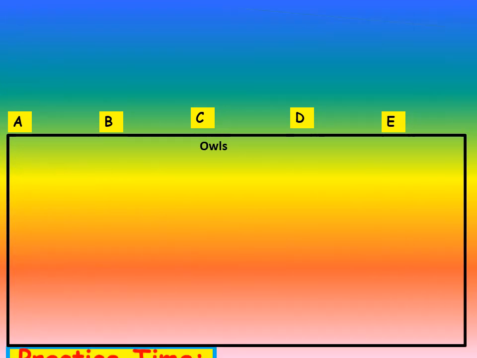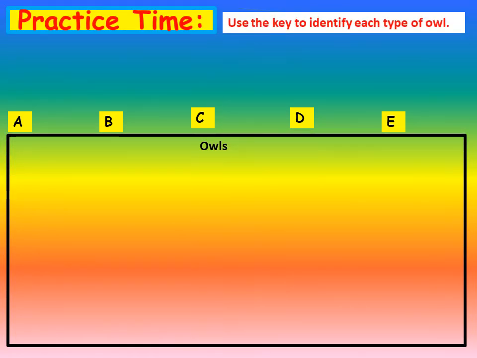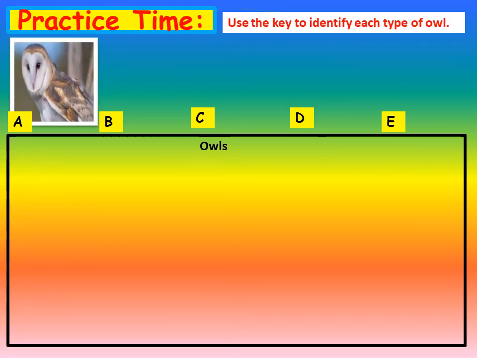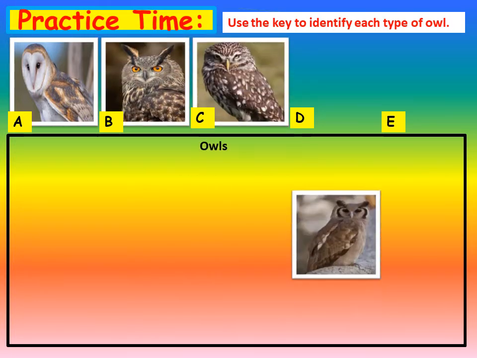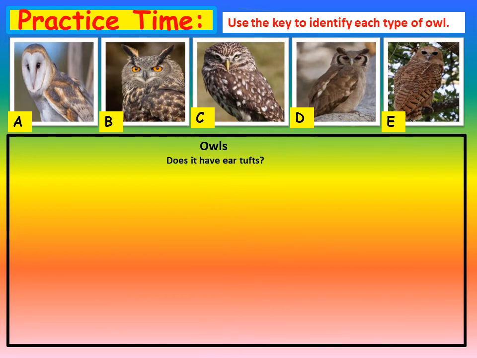Now, let's do the activity. By using the identification key, or the list of characteristics of the owl, you can identify the name of each type of owl. So you need to look carefully at each picture of the different types of owl. First, does it have ear tufts?